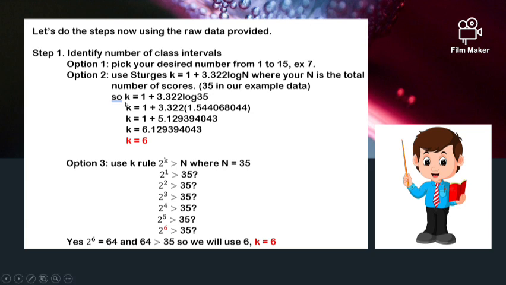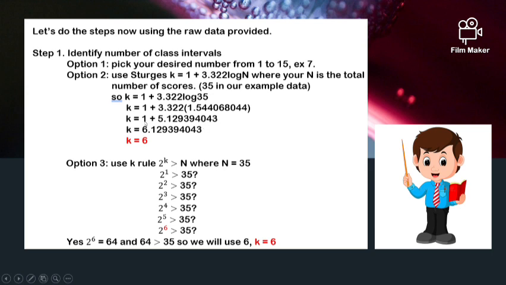So k equals 1 plus 3.322 log of 35, which becomes 1 plus 3.322 times 1.54406844 after you key in log 35 in your calculator. After getting this value, multiply it by 3.322, and you will have a product of 5.129394043.